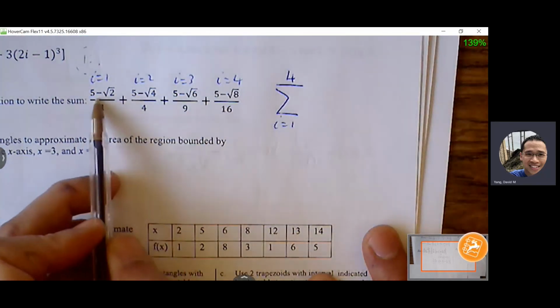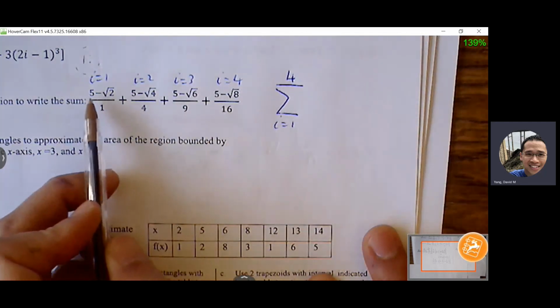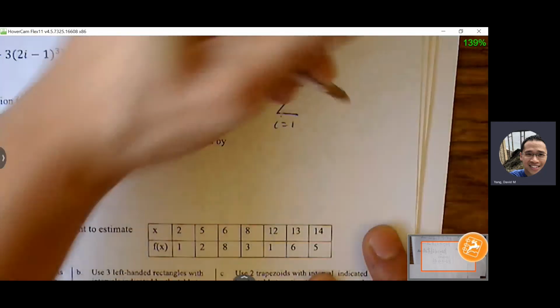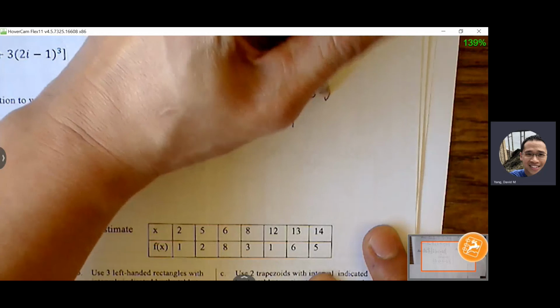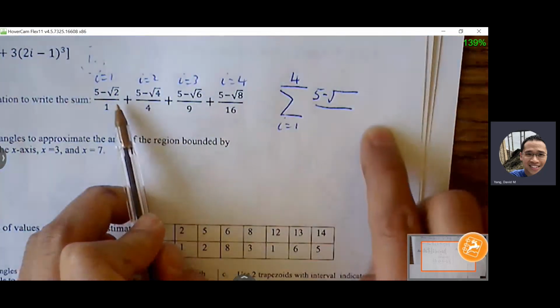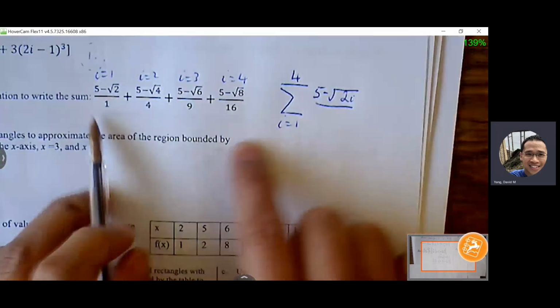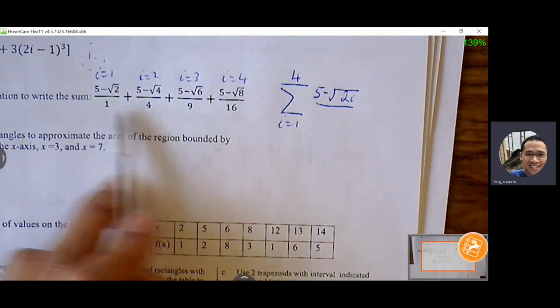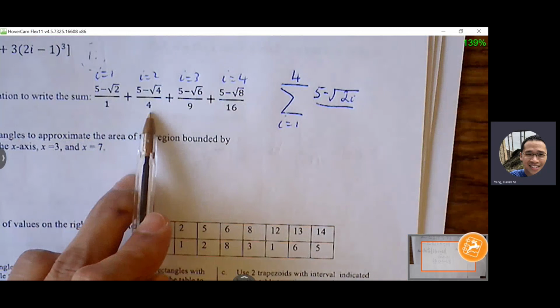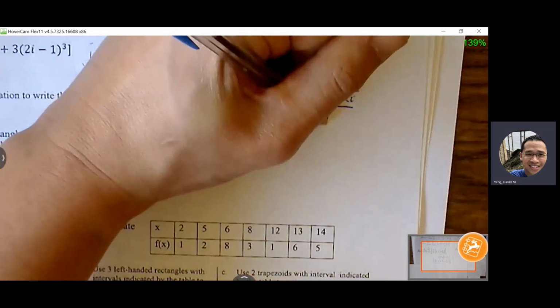Go ahead and copy out the parts that are not changing. The 5 isn't changing, the minus, the square root, that all is going to stay. This is 2i. What's the denominator? i squared. 1 squared, 2 squared, 3 squared, 4 squared.